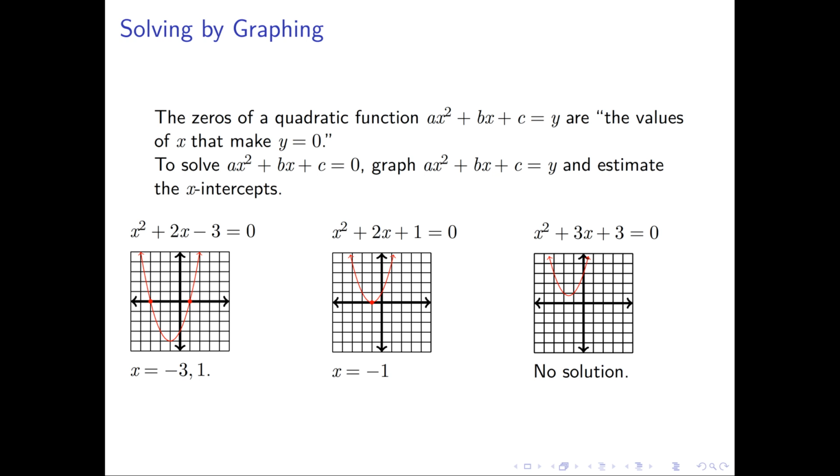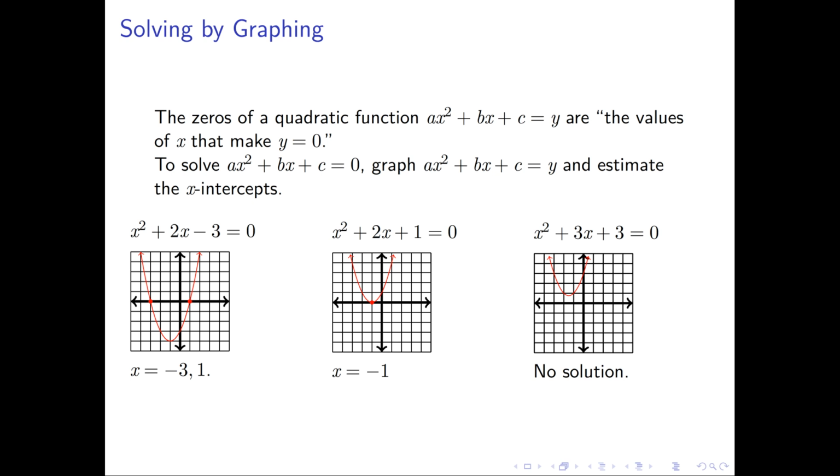In the middle graph, the graph of x squared plus 2x plus 1 equals 0, you'll notice that there is only one x-intercept, and that is at x equals -1. So this quadratic equation has one solution, x equals -1.